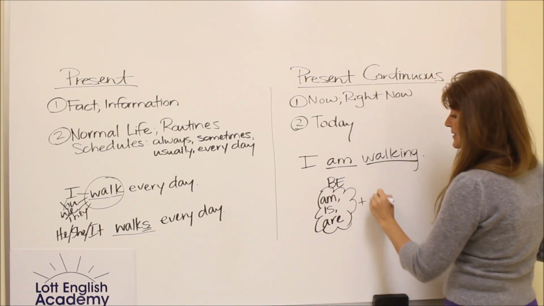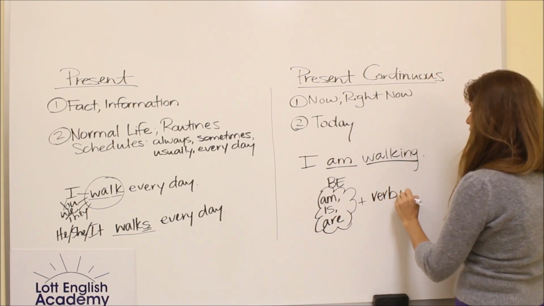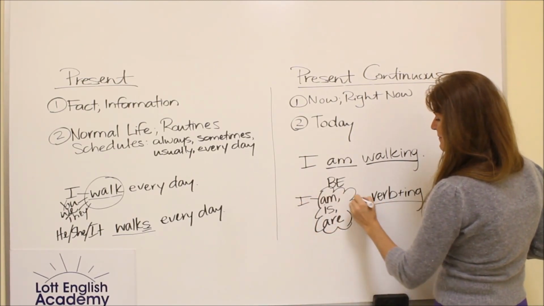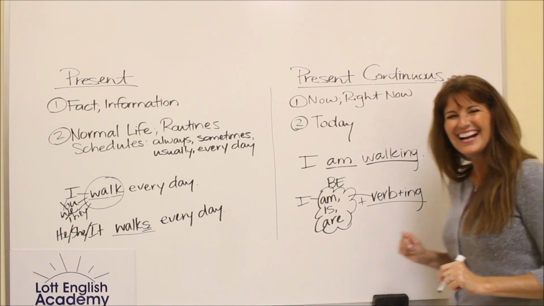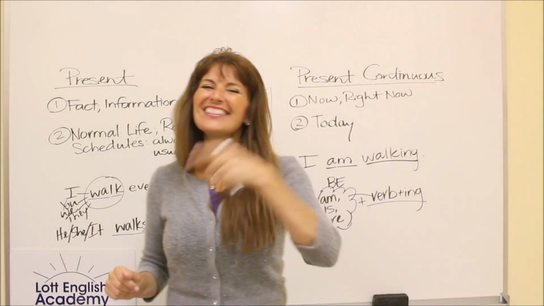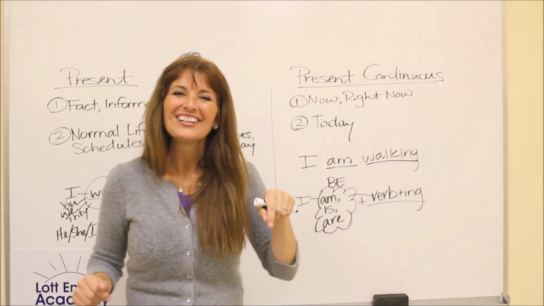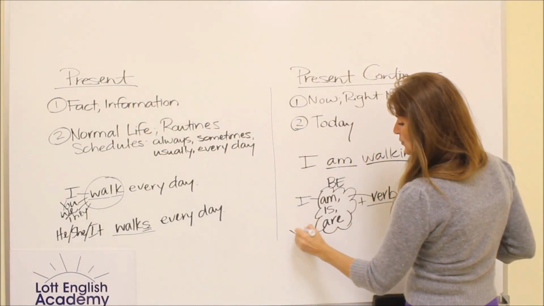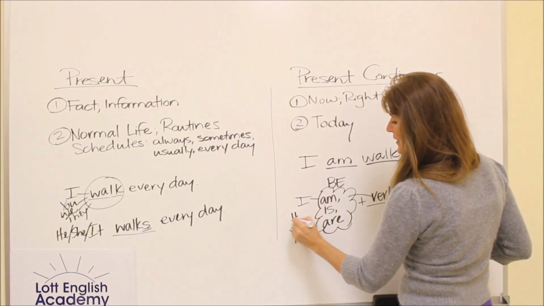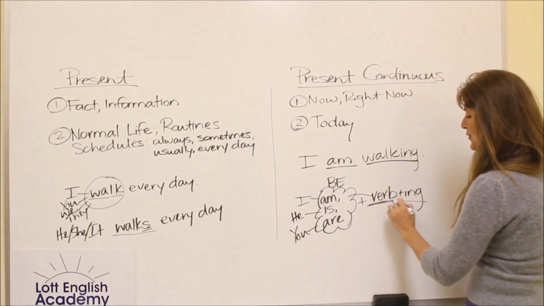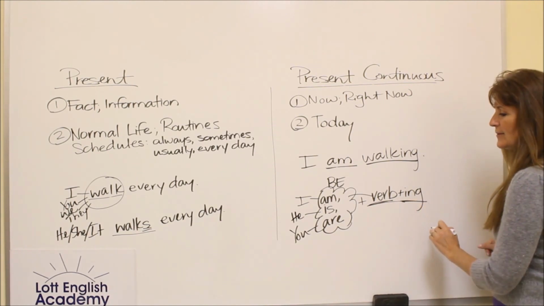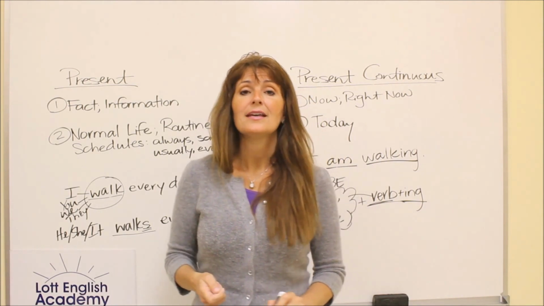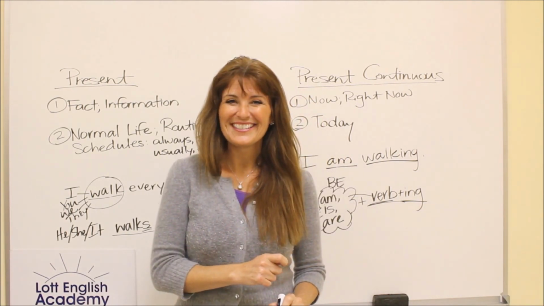Am, is, or are plus a verb with ing. So I am something-ing. I am talking. You are listening. We are having a nice time, right? So I am, you are, he or she or it is, and then your verb plus ing. This is the way that we make an affirmative sentence in the present continuous.